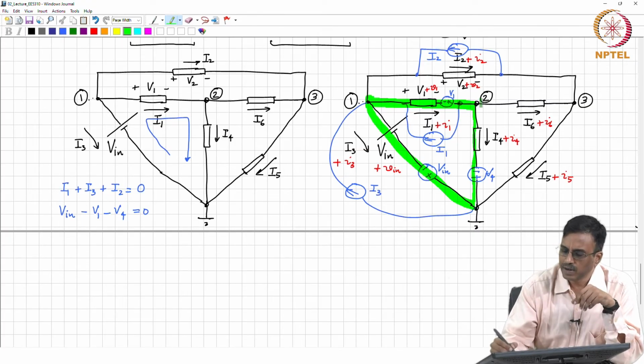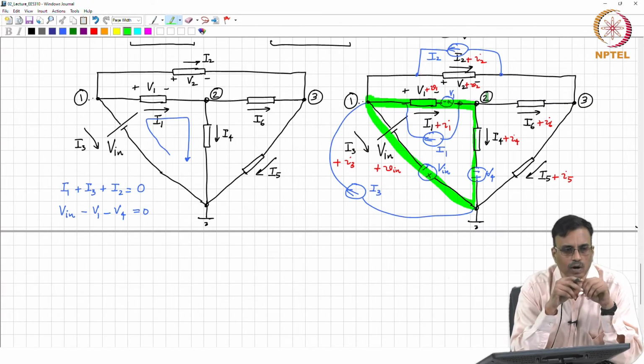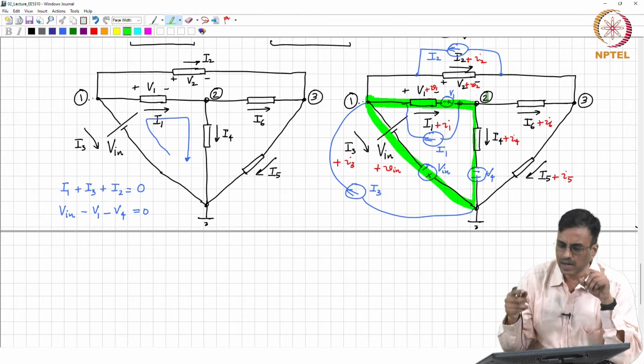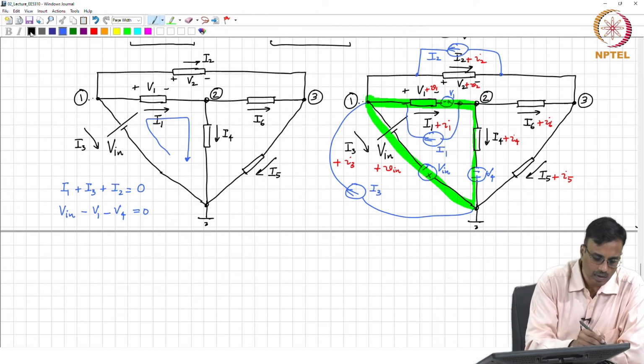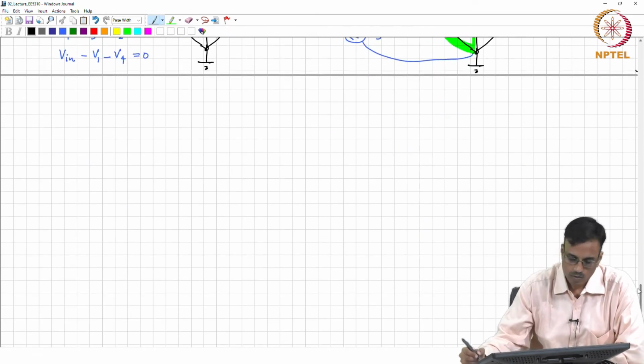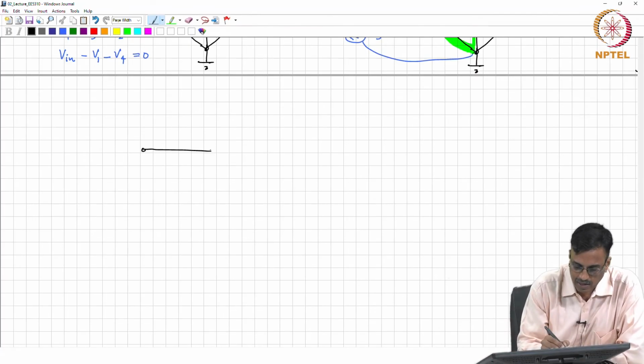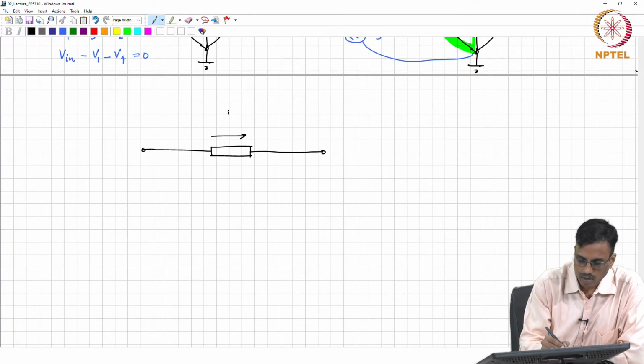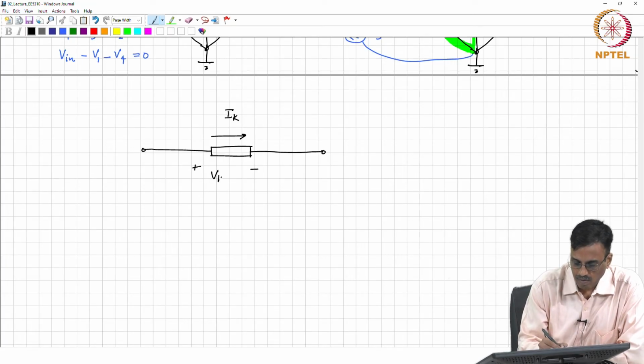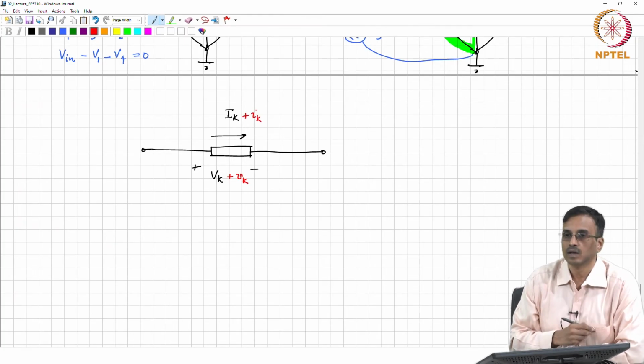Similarly, if we do that for every branch, so basically what we are doing is replacing every branch therefore with, so if there was an original branch like this with some Ik, capital Vk plus small ik plus small vk, what have we done?